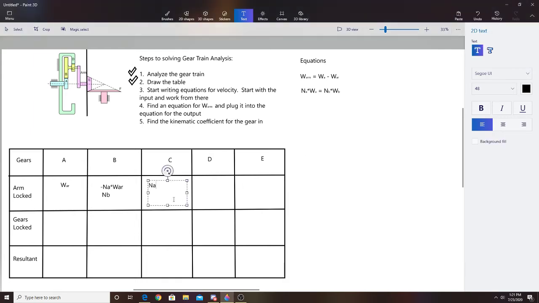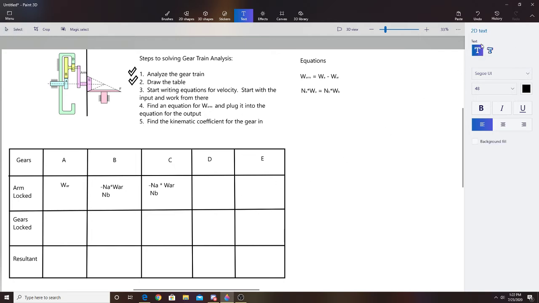You would do NA over NB times that, and put a negative sign in front. All right. Is everybody with me so far? All right. Cool.